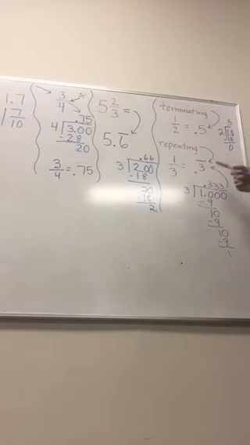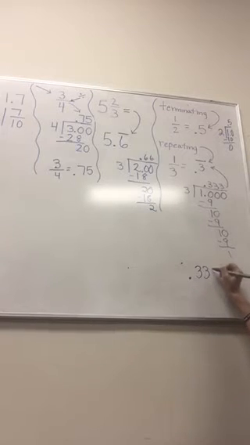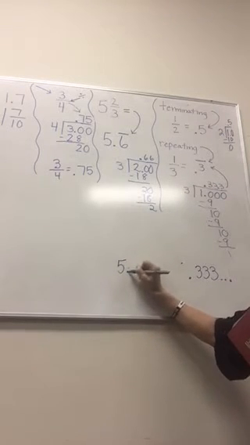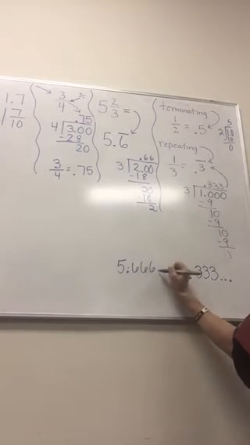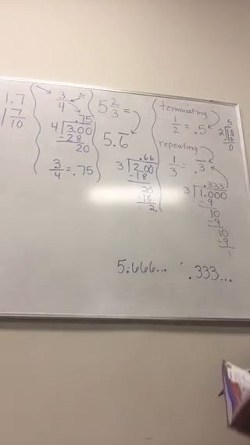But what I wanted to show you is that there's another way to write this. When you have a repeating number, you can also write it as 0.333 and put 3 dots after it. Or for this one, we could have put 5.666 and 3 little dots after it. But I prefer the repeat bar. That's what I would like for you to do usually.